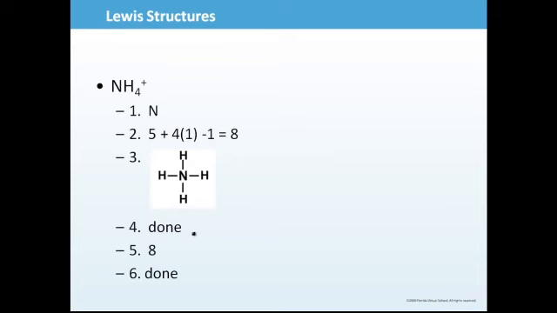Here's an example of a polyatomic ion. Again, if we went to our chart to look up electronegativity values, nitrogen will end up as the central atom. Nitrogen is in group 15, so it has 5 valence electrons.